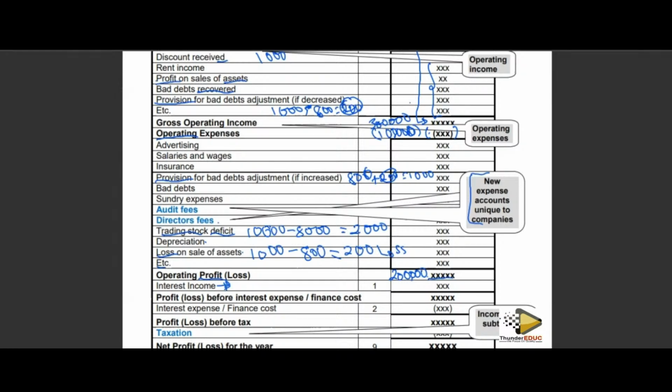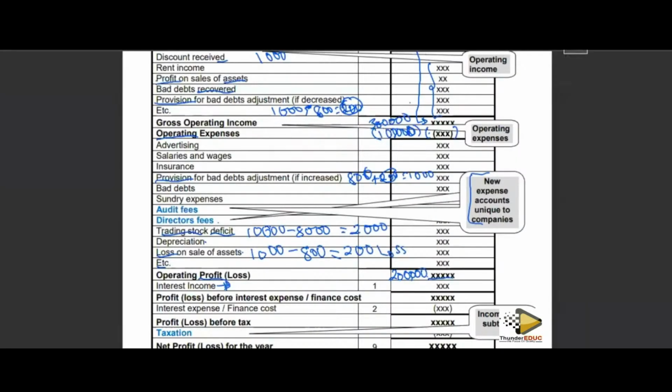Then we have, so interest income always comes after operating profit. Okay. So after determining our operating profit, and we have determined the interest income, it will be given to us.